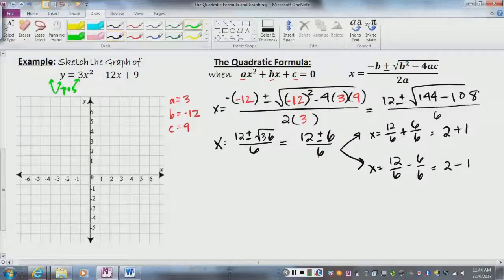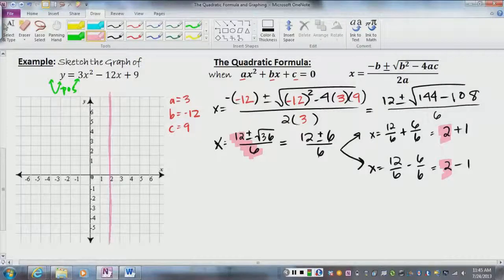Now, the axis of symmetry, we said the axis of symmetry was this negative b over 2a part. We can find that right here. This is our negative b over 2a, which turns out to be 2. And so my axis of symmetry is at 2, and my roots are centered around 2.